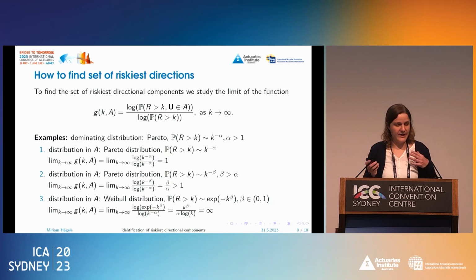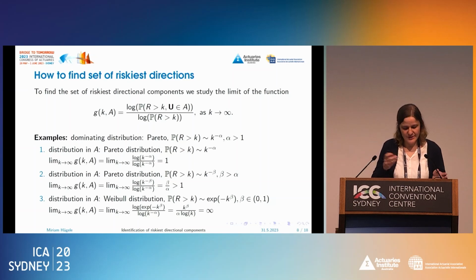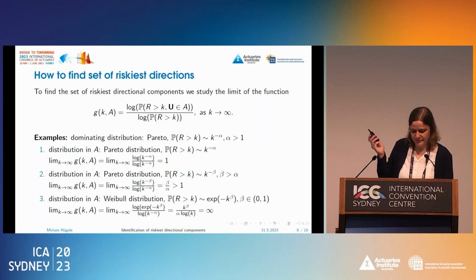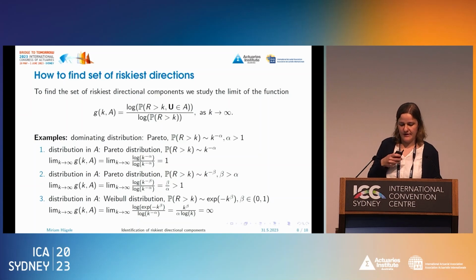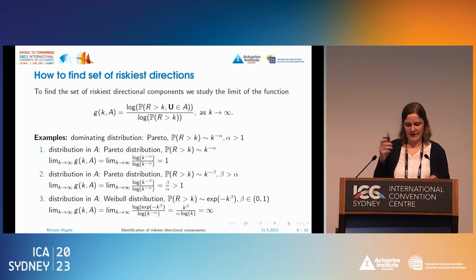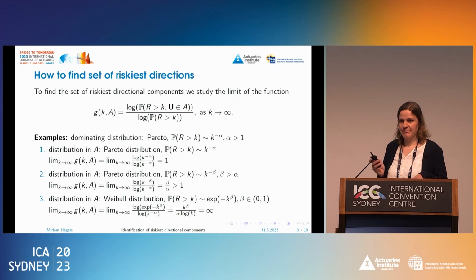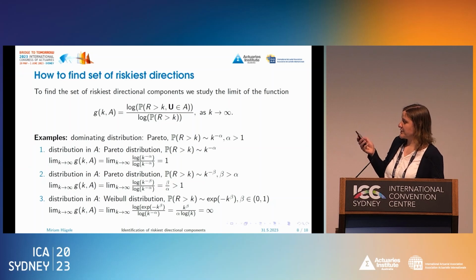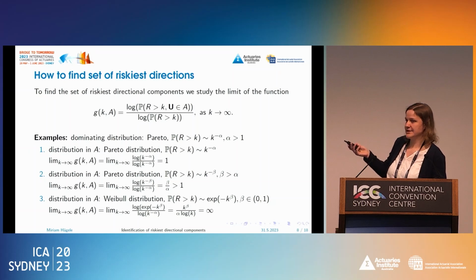And now if we would have in A this same distribution, so some Pareto distribution, then of course this ratio will be 1. But if we would have another Pareto distribution with a larger index, some beta, which is larger than alpha, then the limit would not be 1 anymore, but we will get something like beta over alpha, which is larger than 1.